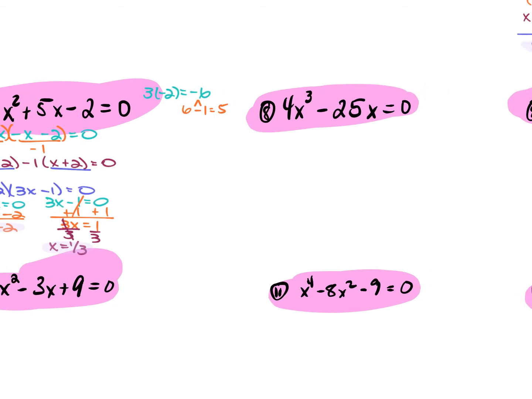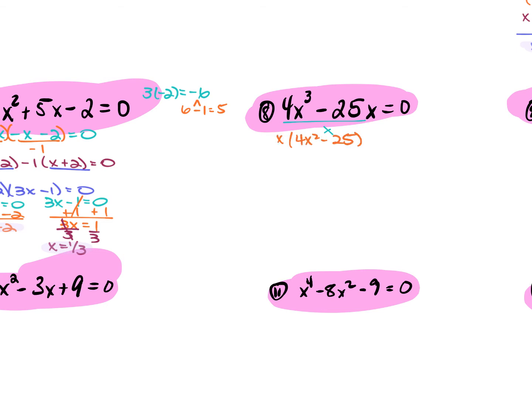For number 8, we have 4x cubed minus 25x is equal to 0. Do we have a greatest common factor that we can factor out first here? X. So we're going to divide everything by x. This is going to give us x times 4x squared minus 25 is equal to 0. Can we factor that binomial?